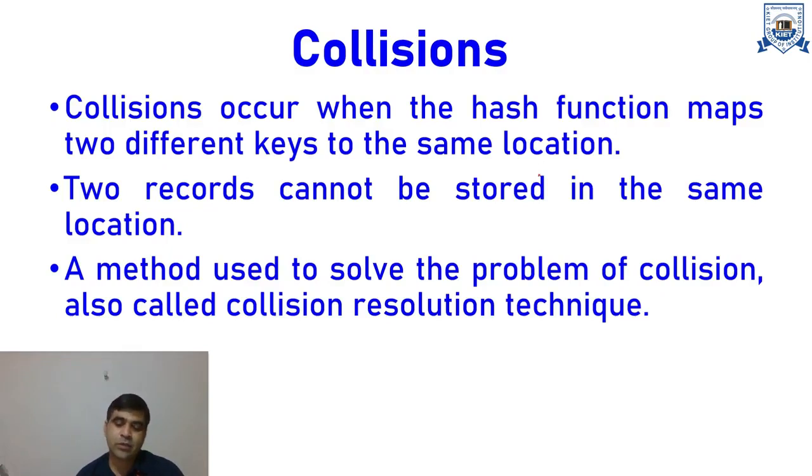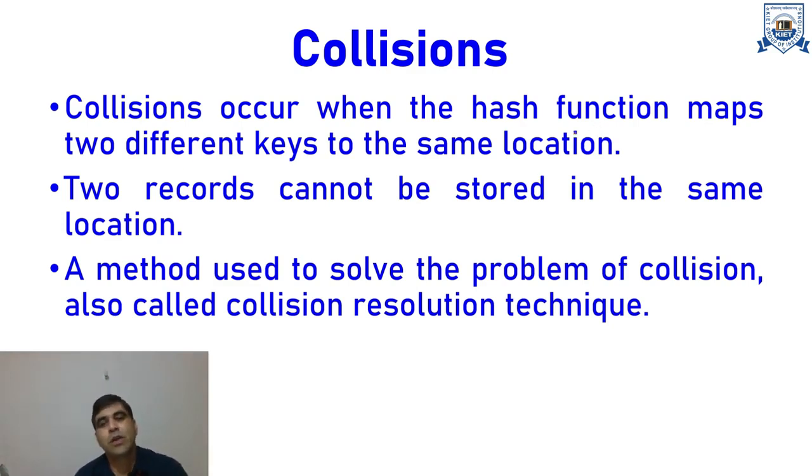What we actually do is always try to minimize the number of collisions. We choose the hash function in such a way that the number of collisions is minimized. Like, we always choose a table size which is a prime number, and that prime number should not be close to 2 raised to power k. But sometimes collisions occur in spite of everything.